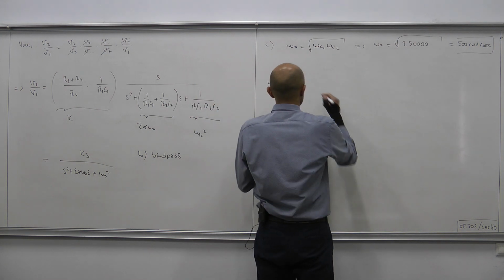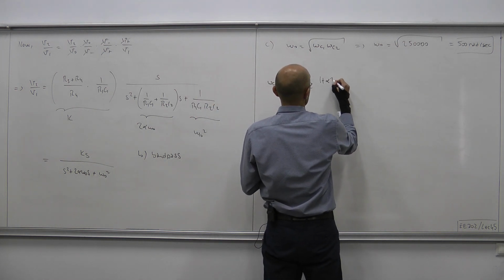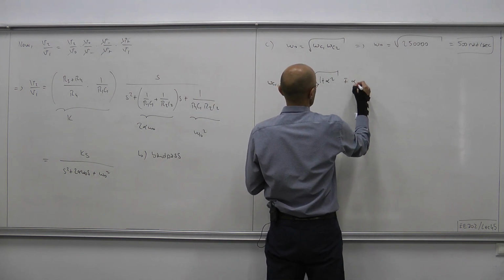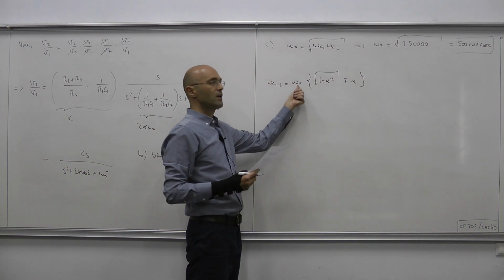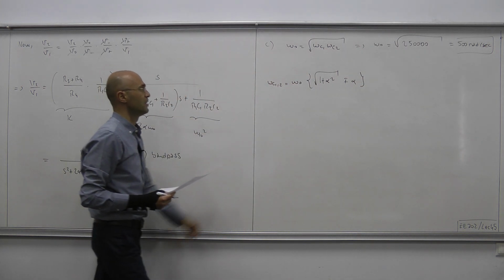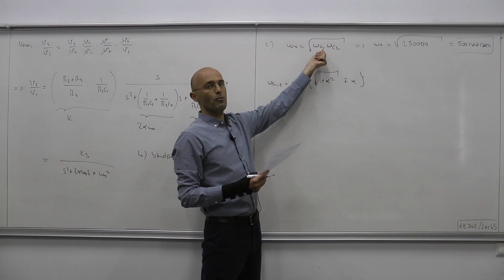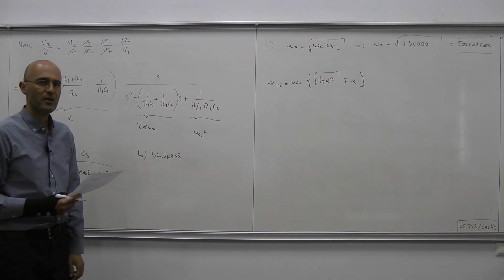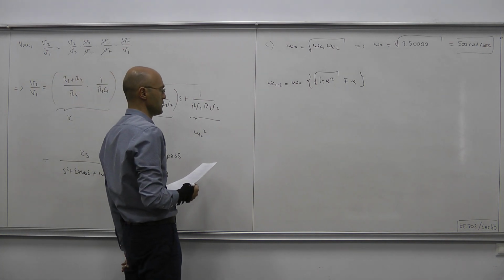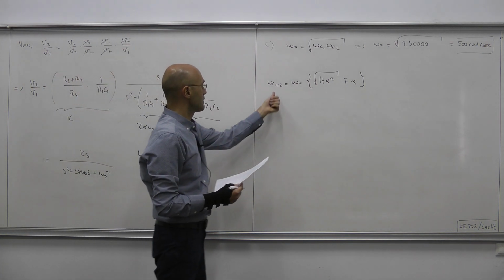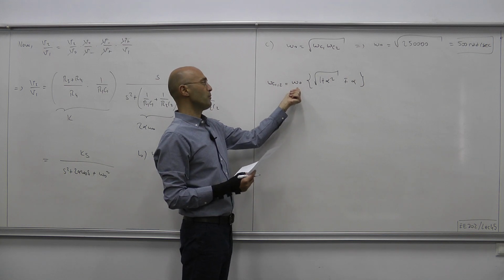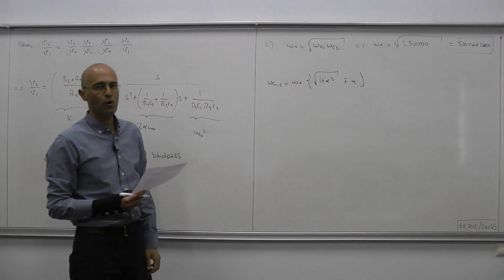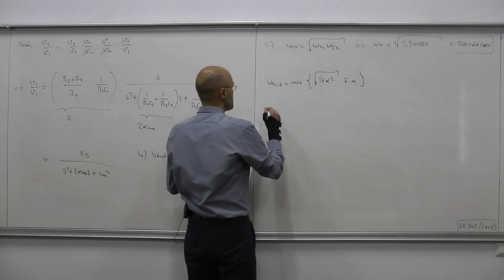Cutoff frequencies were at the square root of 1 plus alpha squared, plus or minus alpha, times the center frequency, from which we obtained in one of our earlier lectures that omega 0 equals the geometric mean of the two cutoff frequencies. Now we know the cutoff frequencies, and we have just figured out omega 0, therefore we should be able to obtain alpha.